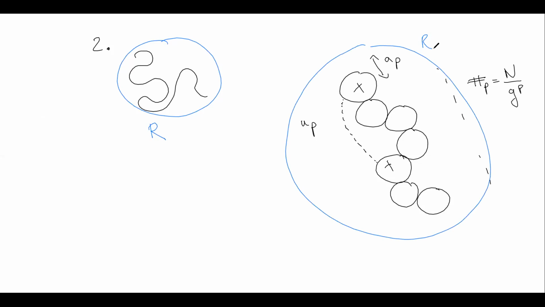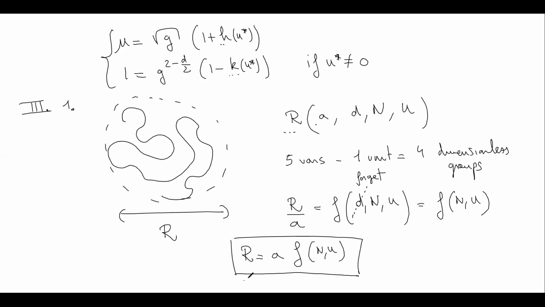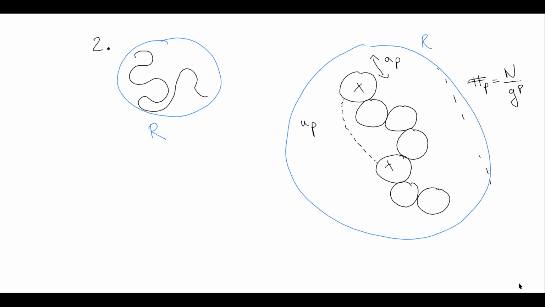So this says that I can really exactly use the same formula that is provided here, but by replacing A by AP and U and N by the proper values. Okay, so without any cheating here, I can simply say that I have another expression for R. R is equal to AP and F of N over G to the P and U to the P. And the crucial aspect here, like before, is that this function is really the same as before.